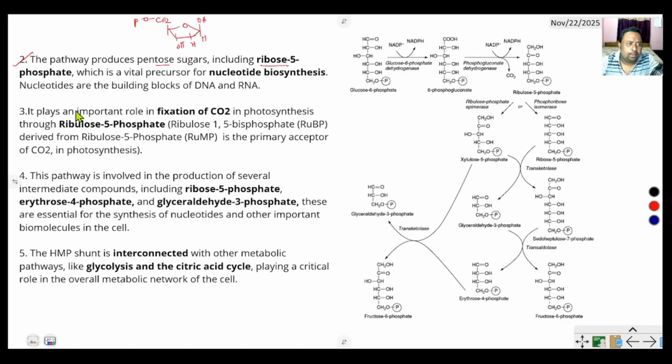Number 3, it plays an important role in CO2 fixation.